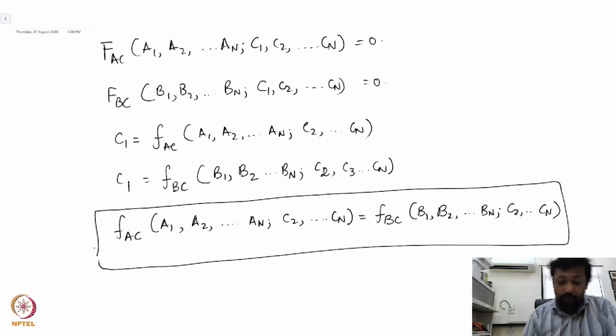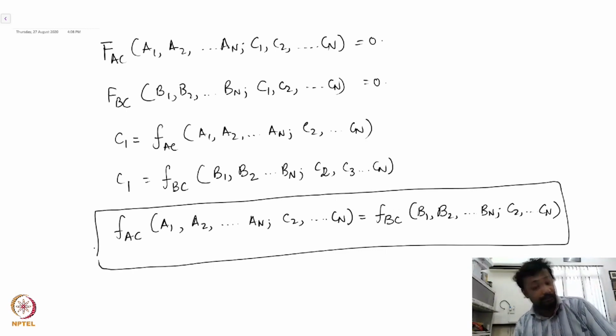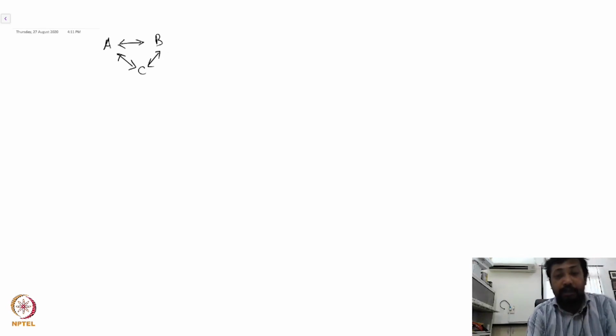Everything is fine with this, but now comes the zeroth law. The zeroth law also says that if A and C are in equilibrium, and if B and C are in equilibrium, that necessarily means A and B are also in equilibrium.